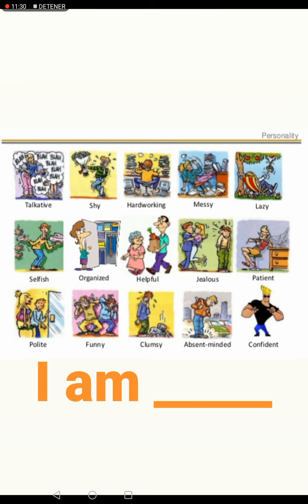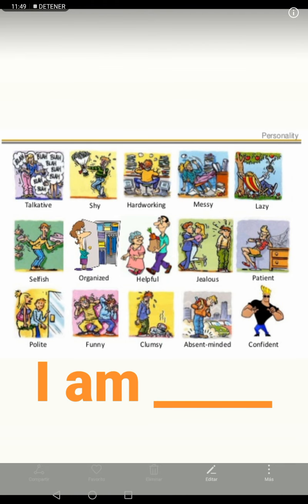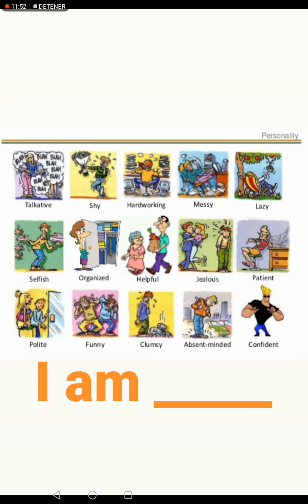Then we have selfish. Selfish is when you want everything for you, only for you. You don't want to share things. Then we have organized. Organized is when you have everything in the correct place. Helpful. Helpful is a person who likes to help people.